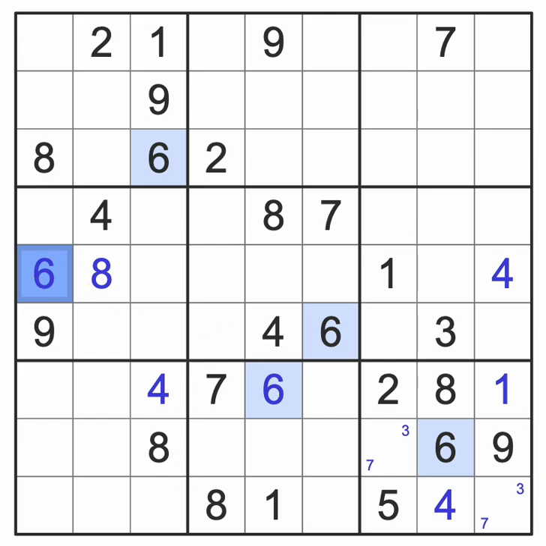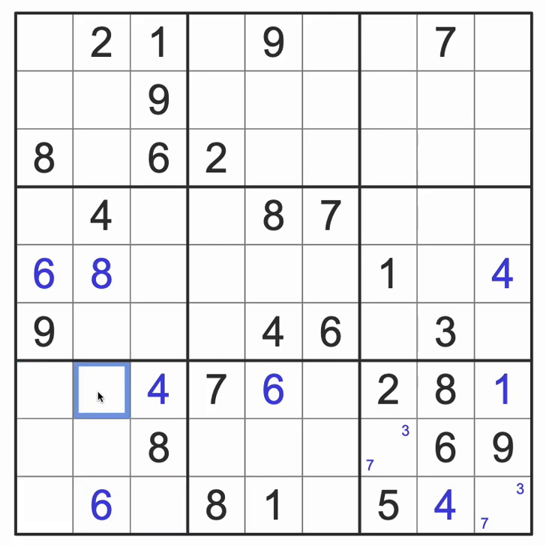And now I can place 6 in box 7 because this 6 blocks here, this 6 blocks here, and this 6 blocks this. That gives me 6 here. And now I can place 9 in box 7 because this 9 blocks here, this 9 blocks here, this 9 blocks here.